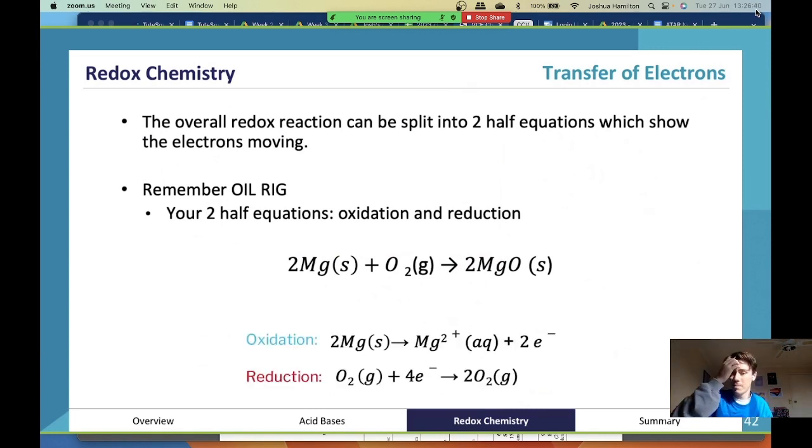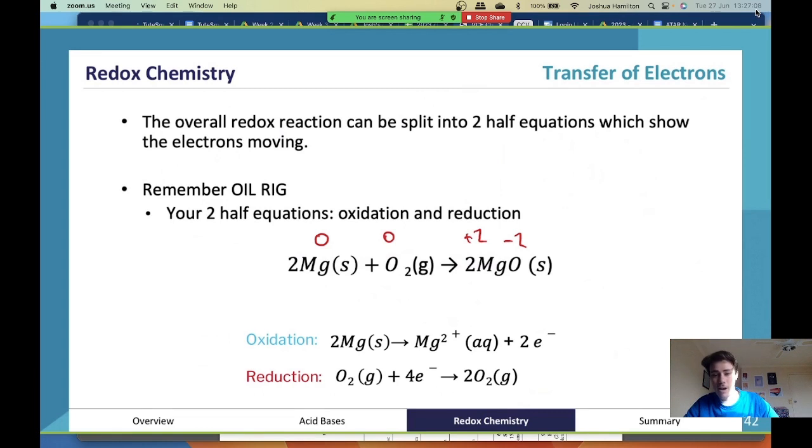So in this case, our oxidation reaction would be Mg solid goes to Mg2+ plus 2e-. Because if we think about it, this was 0, and then this is 2+. So going from Mg0 to Mg2+, and then here we have 0 and we go to -2, this has lost electrons because we've gained charge. So oxidation involves loss.